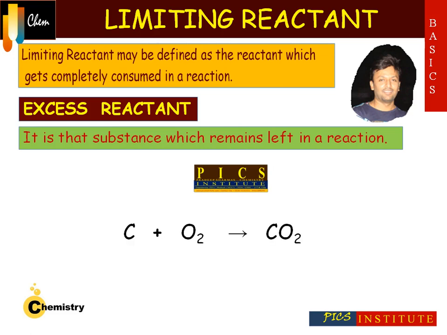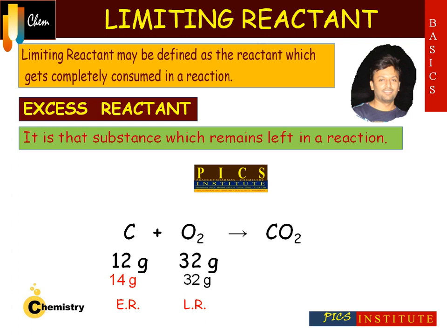Let's take the example of formation of CO2 from carbon and oxygen. From the equation we can say 12 gram of carbon reacts with 32 gram of oxygen. So this is the standard amount of reactant which is needed for the reaction. Now, if we take 14 gram of carbon and 32 gram of oxygen, 32 gram of oxygen reacts with 12 gram of carbon.